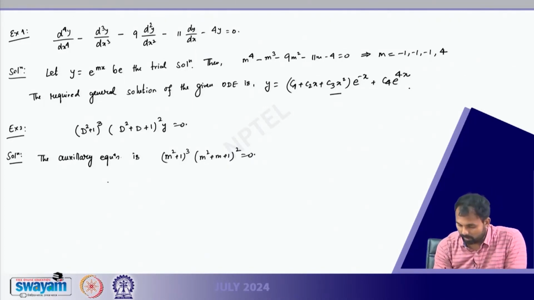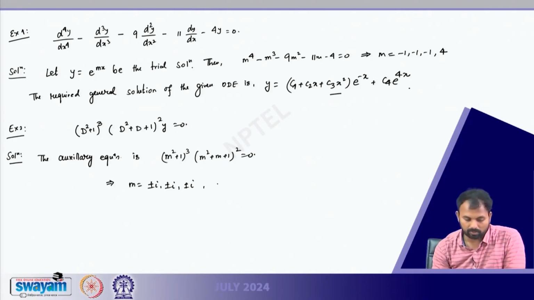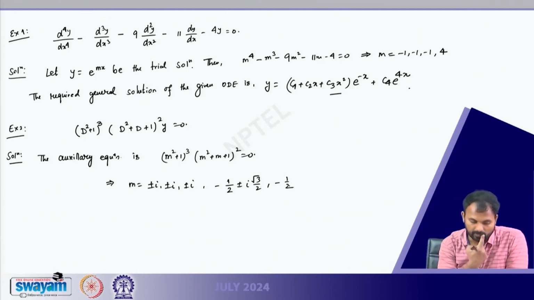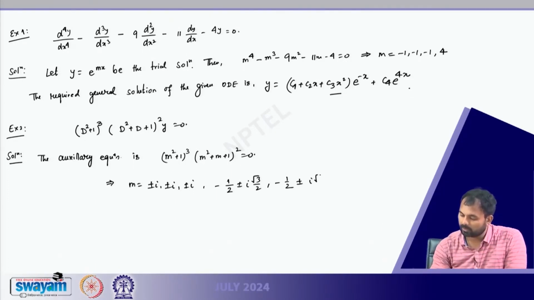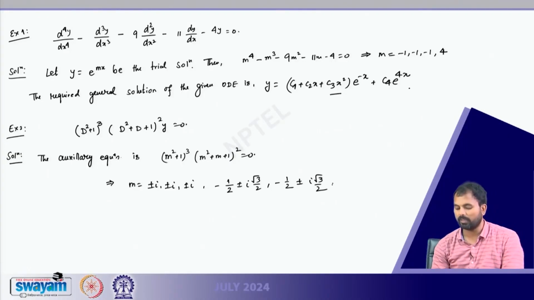From here, if you solve, we can see clearly it is plus minus i, plus minus i, plus minus i, and the other roots are minus half plus minus i square root of 3 by 2, and then minus half plus minus i square root of 3 by 2. Hopefully it is correct. Then we can write down the general solution.